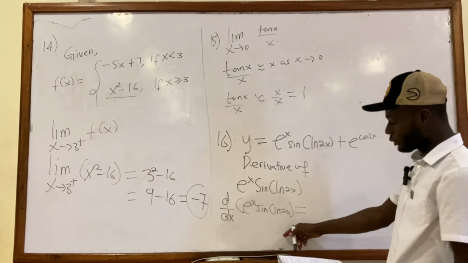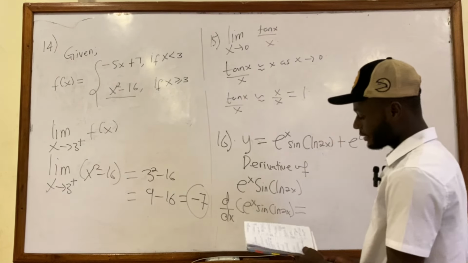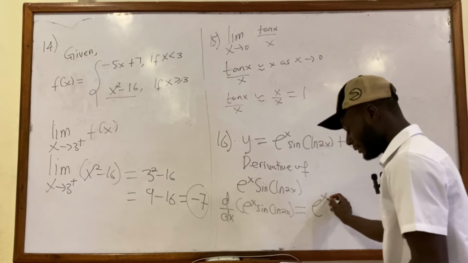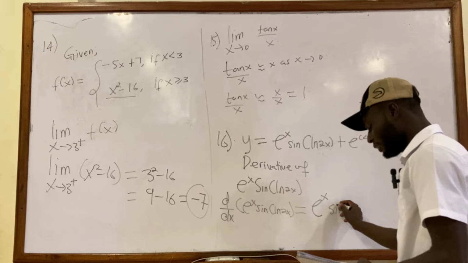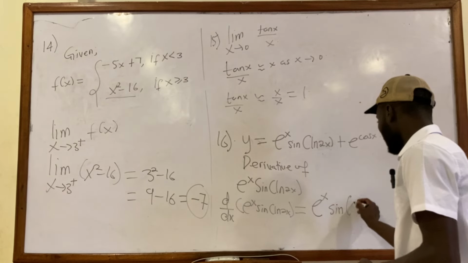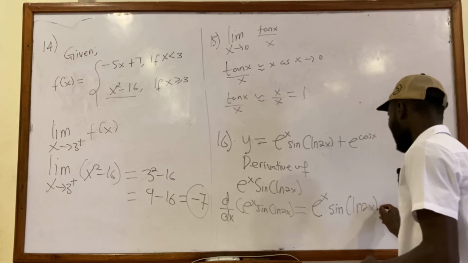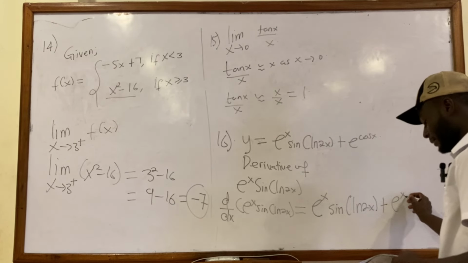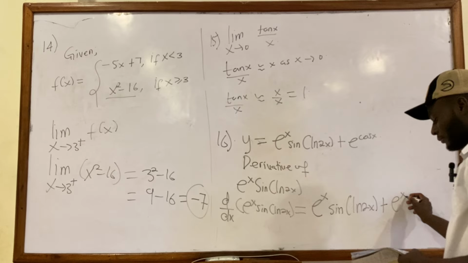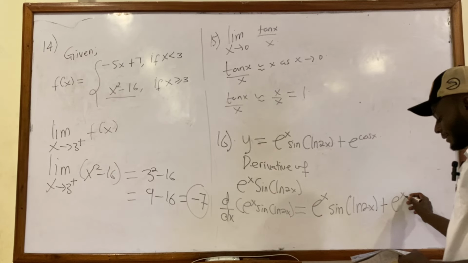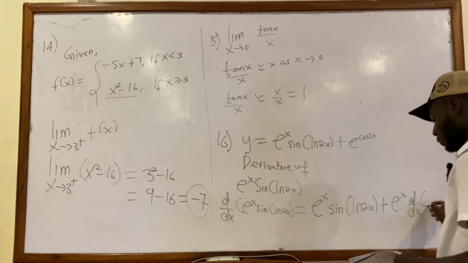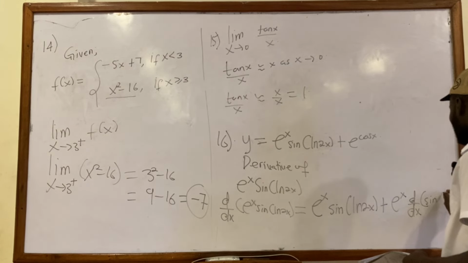Following the product rule, that is equal to e power x sine of ln 2x, plus e power x times d/dx of sine of ln 2x.